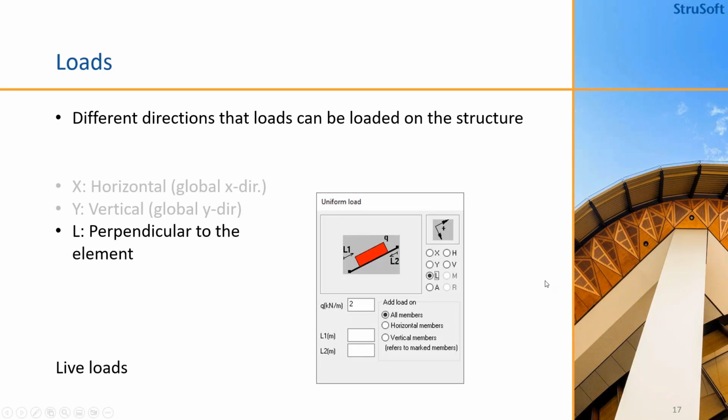It is possible to define perpendicular to the element, and that's also live loads like wind load. And it is possible for these kinds of loads to define the intensity, but also the starting point of these loads, and that is a distance from each end node of the element that we apply.